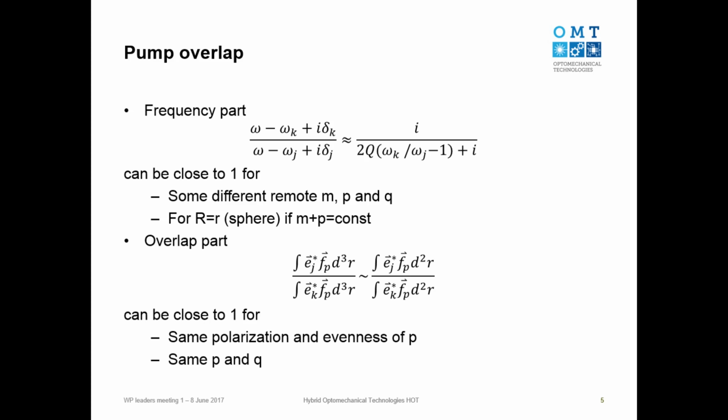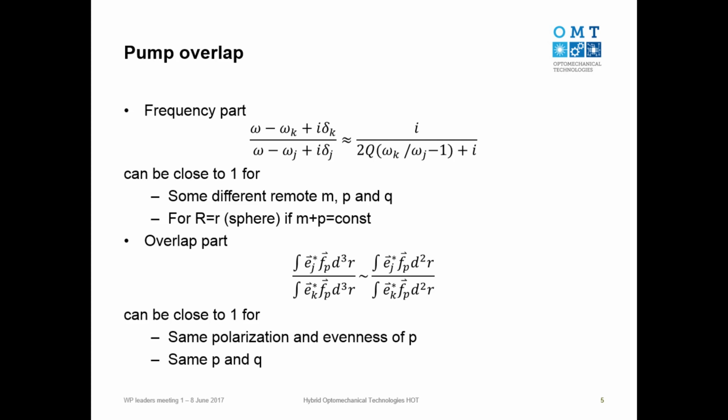And the interesting thing is that this can be close to 1 only, of course, if we have the same polarization of our pumping field and the mode we're interested in, and if the P has the same evenness, I mean it has the same symmetry over the horizontal plane. And of course it is close to 1 only if we have the same P and Q, but it really doesn't depend on M.